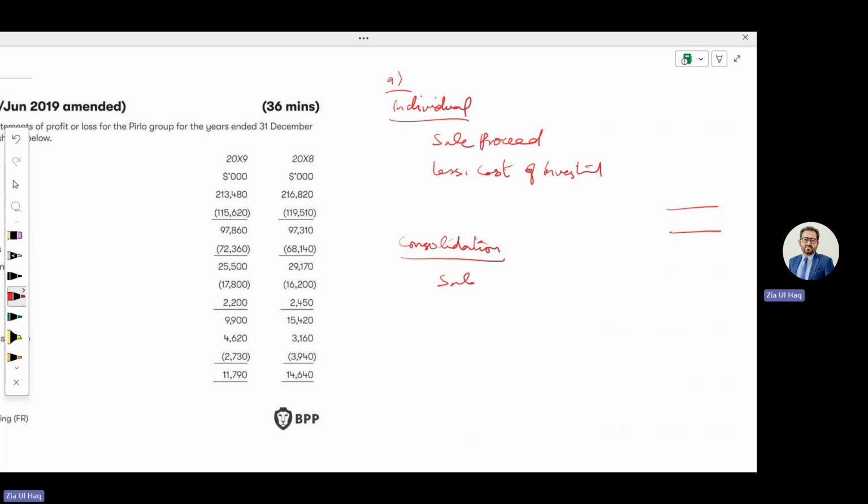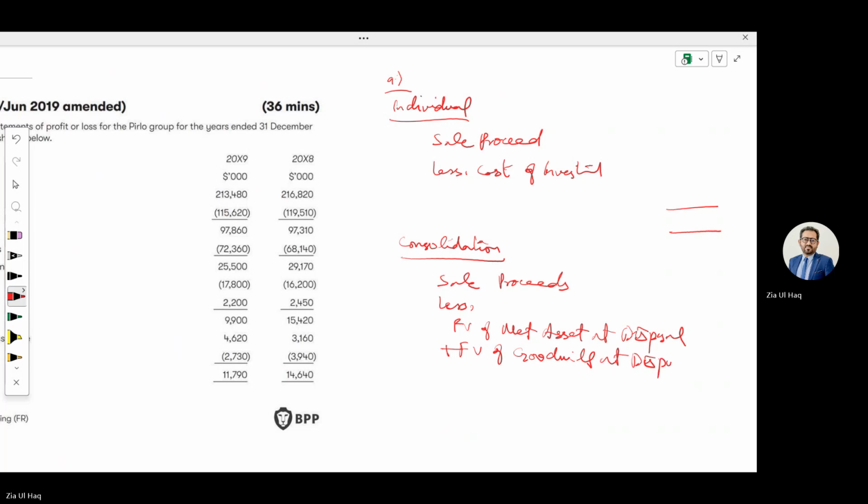From sale proceeds, we need to deduct the combination of fair value of net assets at disposal, plus fair value of goodwill at disposal, minus fair value of NCI at disposal.